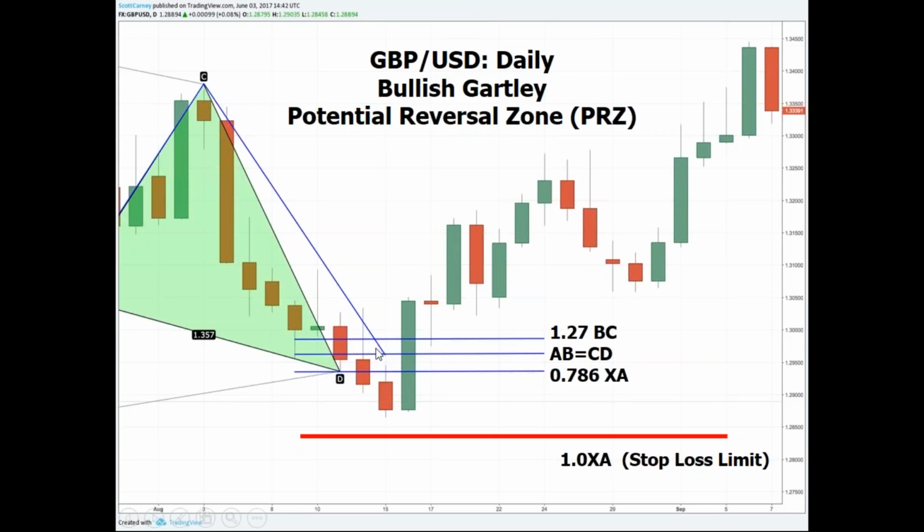And we wait for all the numbers in the zone to be tested before we even consider the harmonic pattern a harmonic pattern opportunity. And that occurs on this bar right there. We will discuss execution strategies in the next session, but it's important to be aware of the fact that all the numbers must be tested and we must reach our mandatory minimums for each structure. Also notice the red line, we put our stops right below there. That's just beyond that 1.0 XA.